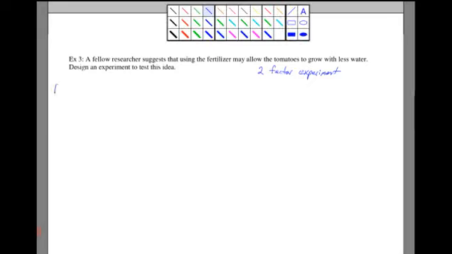My factors are going to be fertilizer and water.